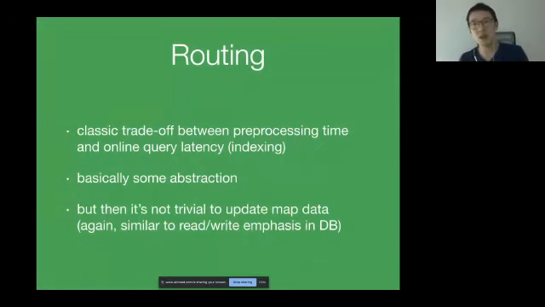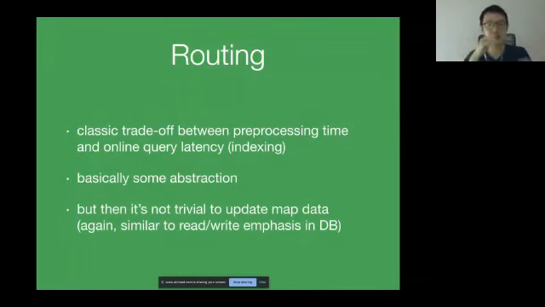Then when you run this in production in your server API, you only run the graph search algorithm on the sparse graph. It's basically the same idea as a database, right? When you run a query, you check your index first, which will accelerate it like 10x or 100x. Of course, there is a trade-off. The downside is that it's not trivial to update the map data.